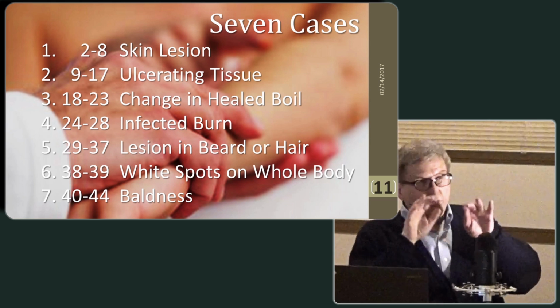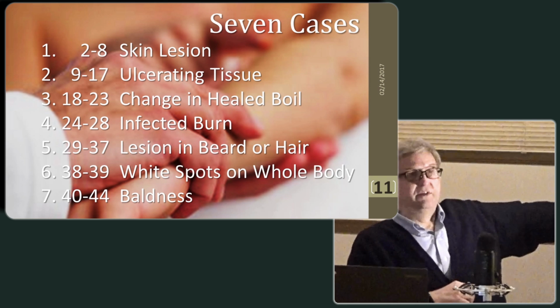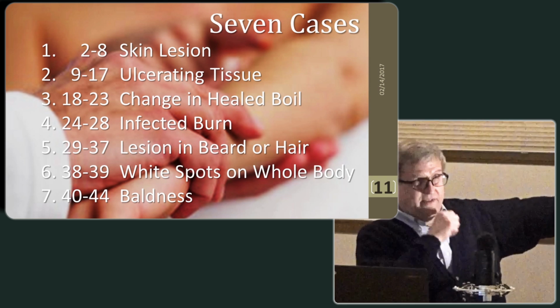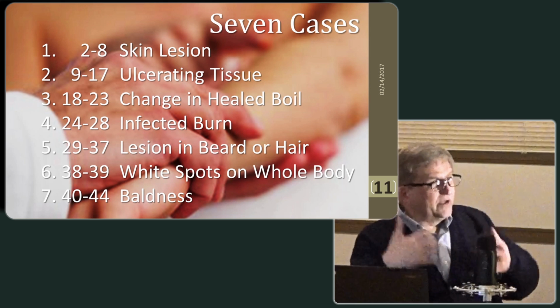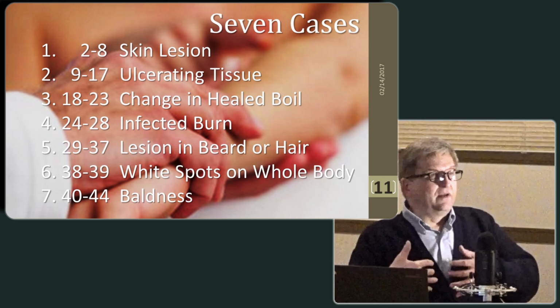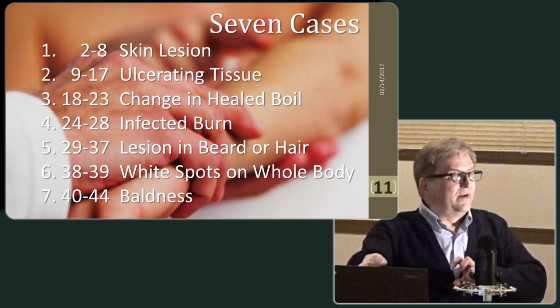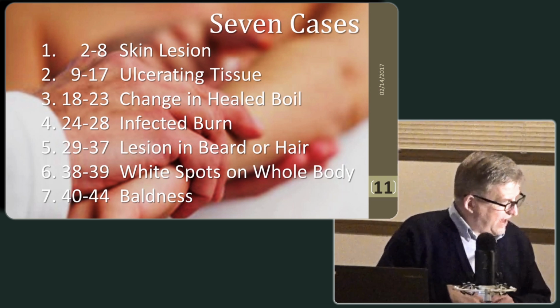So you were really supposed to be careful not to falsely diagnose somebody as unclean because the penalty was severe. You were put outside of the community. But on the other hand, the community was in danger if you were really unclean and you stayed. And so when it was definitely clear that you were unclean, then the law acted fairly quickly. Right? It all reads sort of like that.